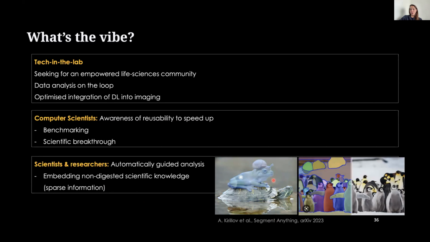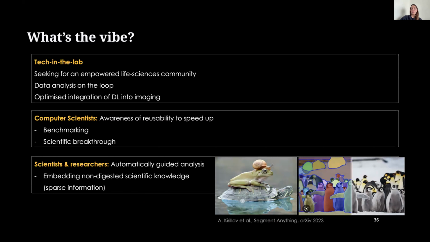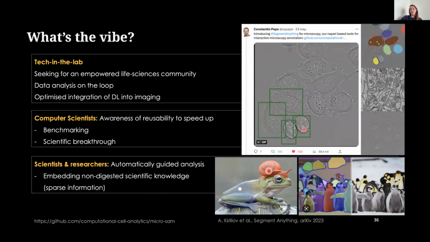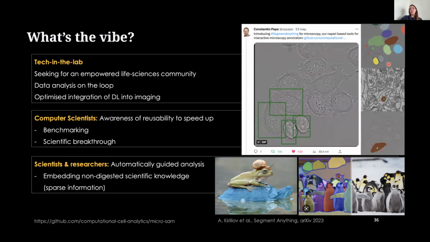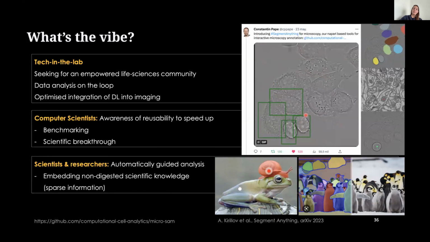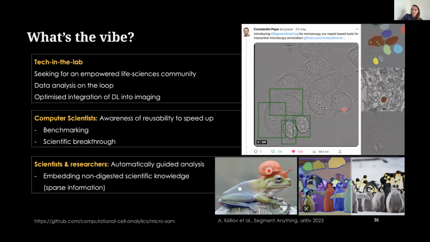Probably you are already aware of this model, where you can very sparsely tell it, okay, I want to segment this thing here, just with a point, and it is segmented for you. Konstantin Pap, a PI at Gothenburg University, already managed to embed this into Napari and make it actually usable for microscopy. So with this, that is all.